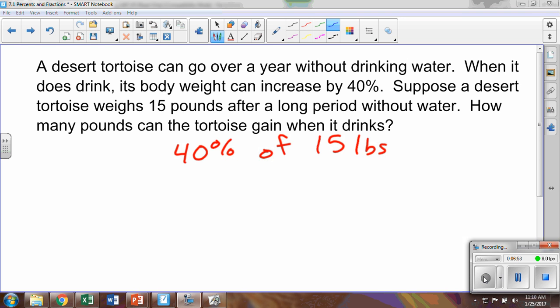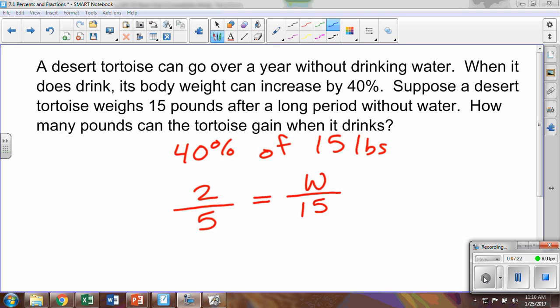Well, of course, we would be able to set up a proportion based on this. 40% is the fraction 2 over 5 when we simplify it down. And that is going to be equal to some amount of weight out of the 15 pounds. One way to solve this type of problem is to set up a proportion, percent being equal to the amount. And then we solve this however we want.